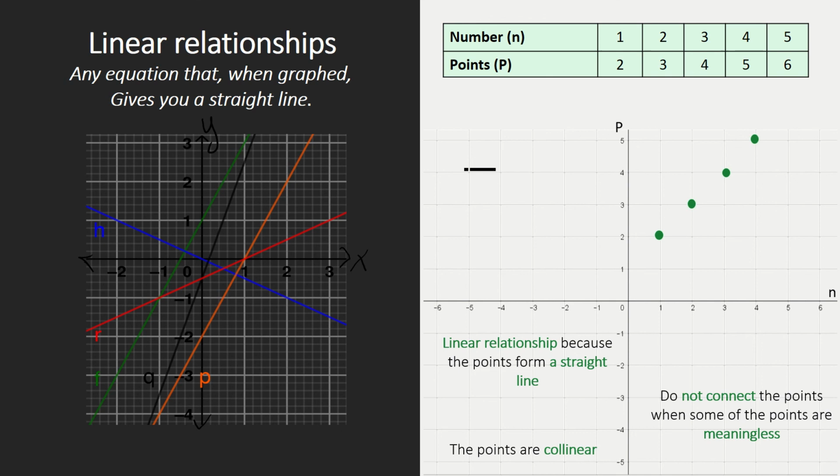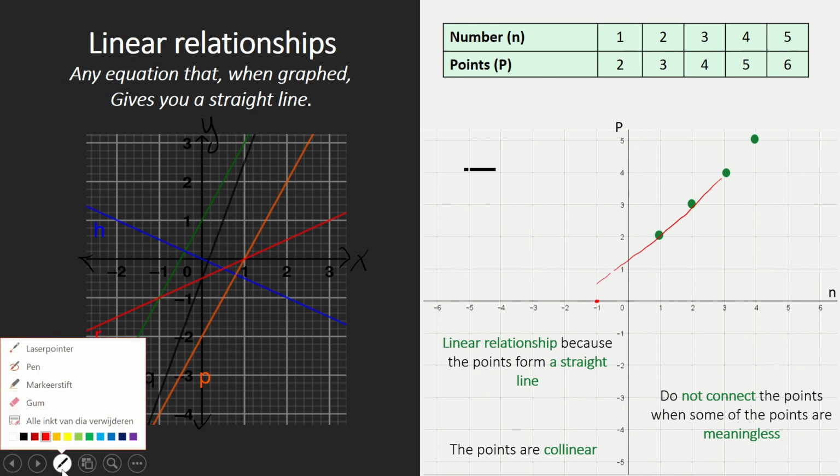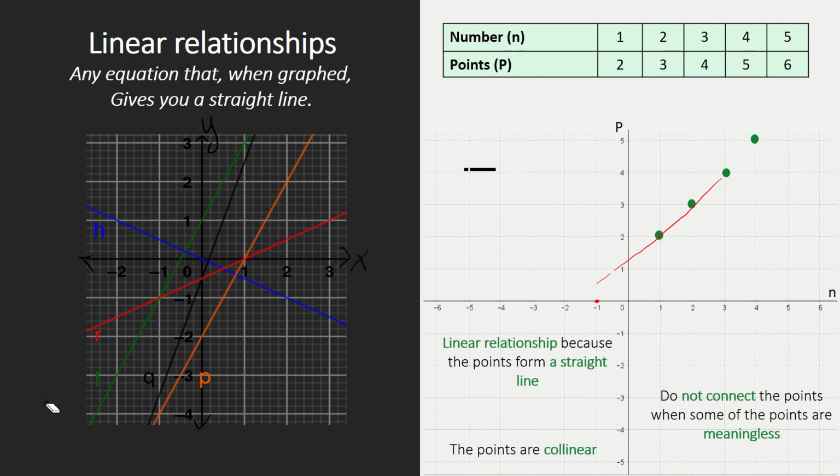So let's have a look at, for instance, our minus 1. If we would draw a straight line through this, and then we of course mean a straight line, which this isn't, we could see that this is going to be minus 1 and 0.